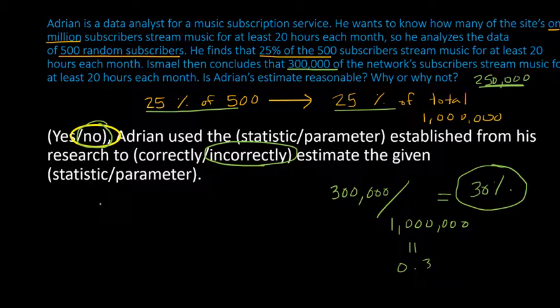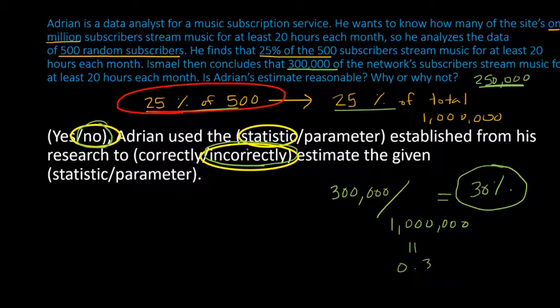So this thing that he used to make a generalization, this 25% of the 500 people, is this a statistic or a parameter? It's a statistic, because he got it from a sample. He got it not from the complete population, but from a selection of the population. So no, Adrian used the statistic established from his research to incorrectly estimate the parameter.